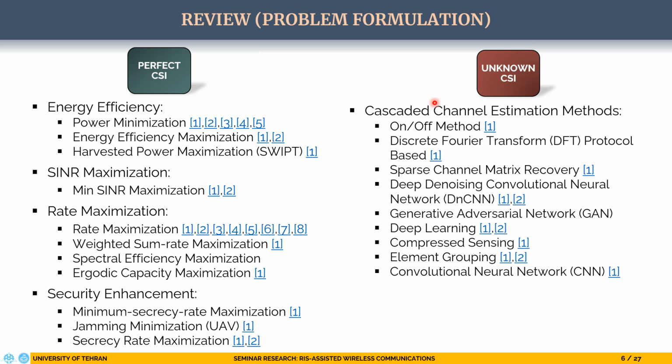And in the channel estimation we had some techniques, the most basic one being the on-off method, and in this lecture I will explain that as an introduction to the active eavesdropping in the IRS-assisted wireless networks.